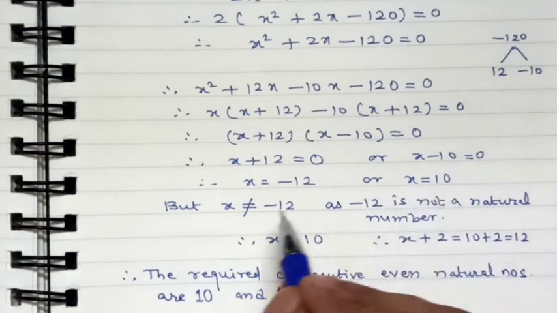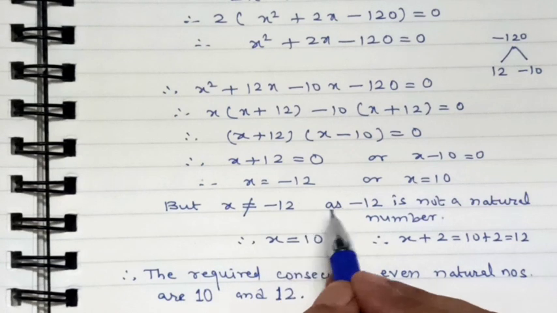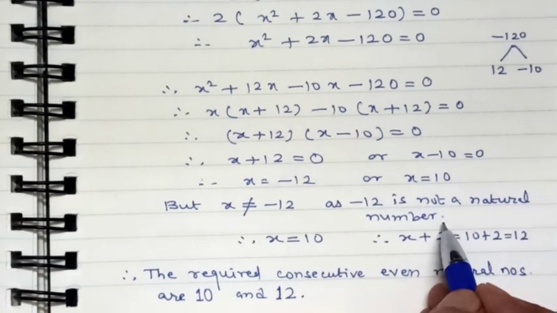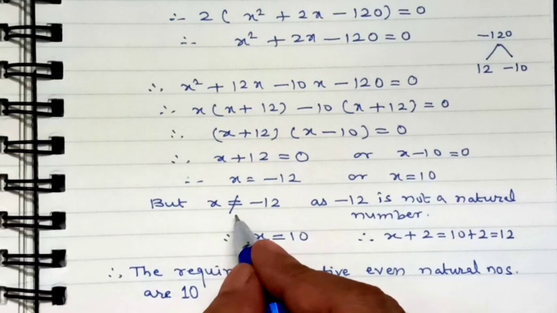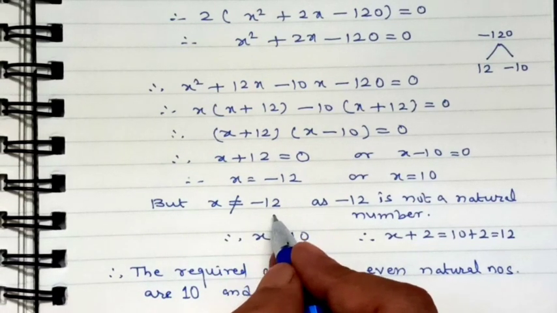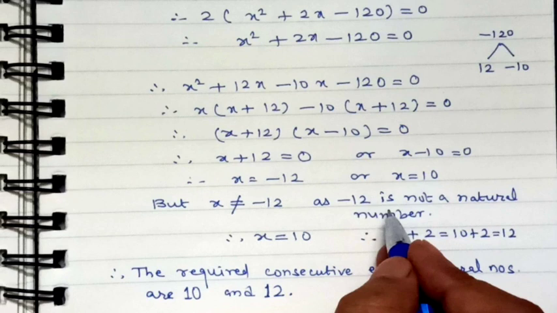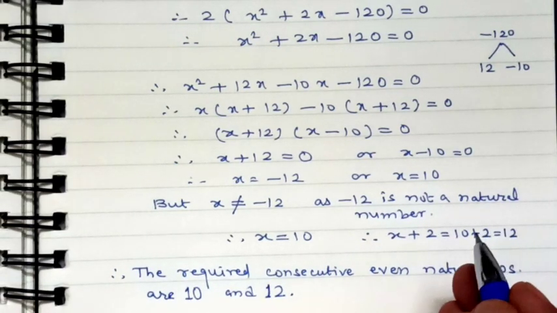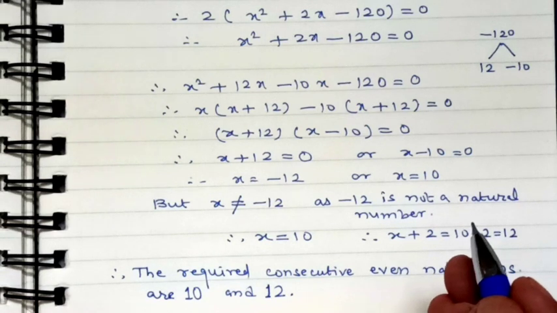Now you will write x is not equal to minus 12, as minus 12 is not a natural number. Natural numbers begin from 1: 1, 2, 3, 4, 5, 6, 7 and so on.